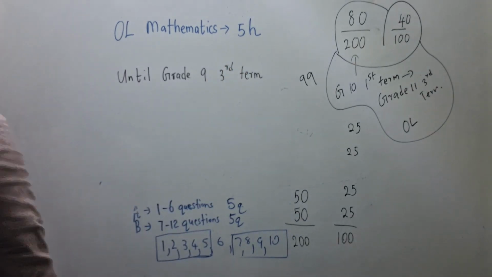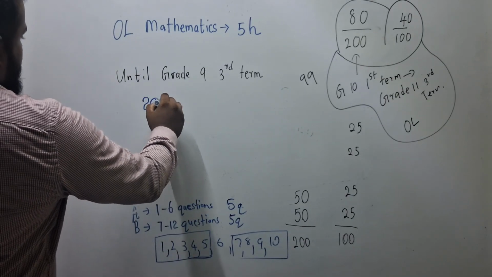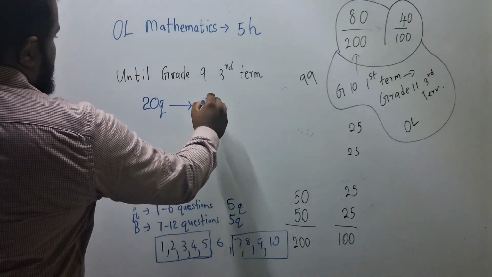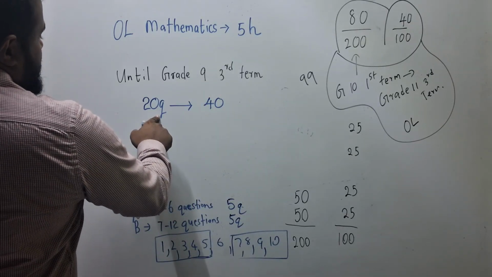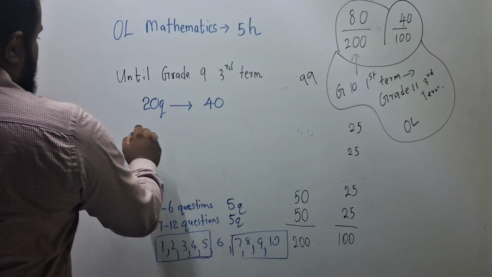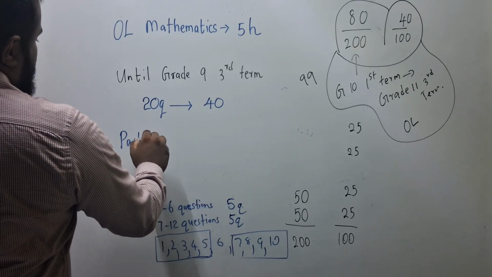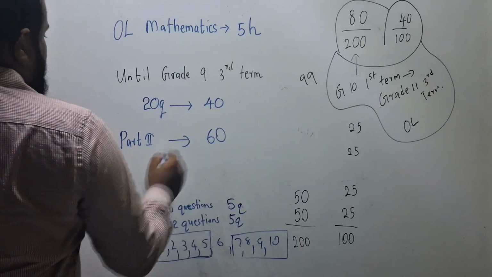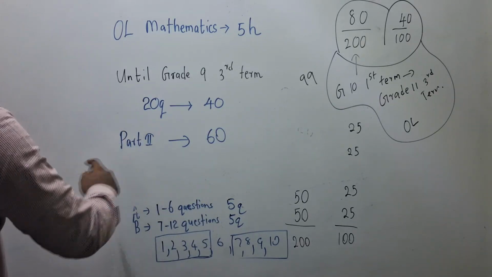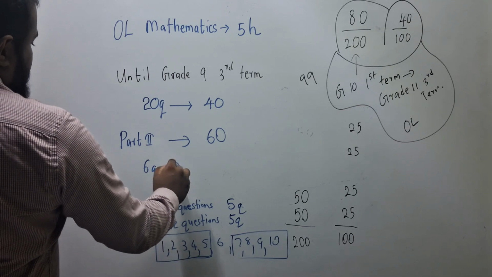You had 20 questions. For these 20 questions, you got 40 marks, 2 marks for each question. Then you had part 2. For that part 2, you got 60 marks. For this part 2, sometimes they give you 6 questions, 10 marks each.